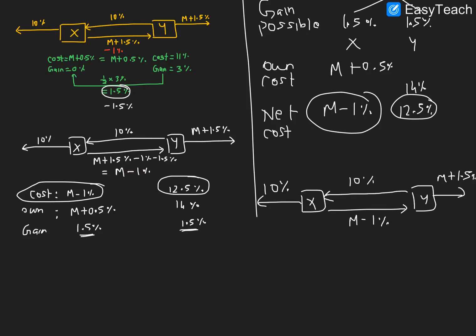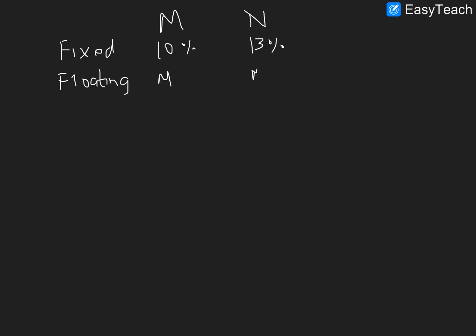Okay, let's have a look at one more case like this, where we have a swap dealer in between. Suppose we have two parties, M and N. The fixed rate is, suppose, 10% and 13%. The floating rate applicable to them is, suppose, MIBOR and MIBOR plus 1%.